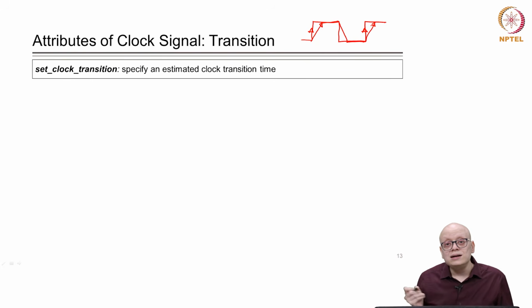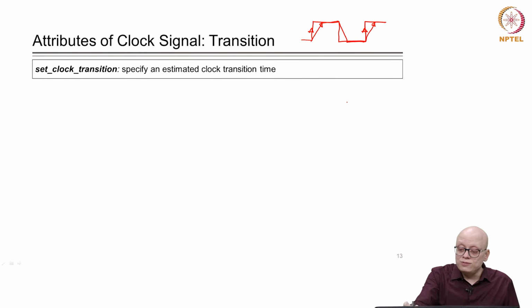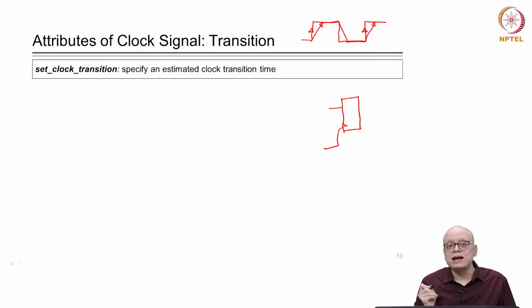Now, in the earlier discussion we saw that if we consider a flip flop, then the setup time and the hold time of the flip flop depend on the slew of the clock signal. And if we assume it to be perfectly abrupt, then the setup time that will be computed for this flip flop will be artificially more optimistic, it will be less.